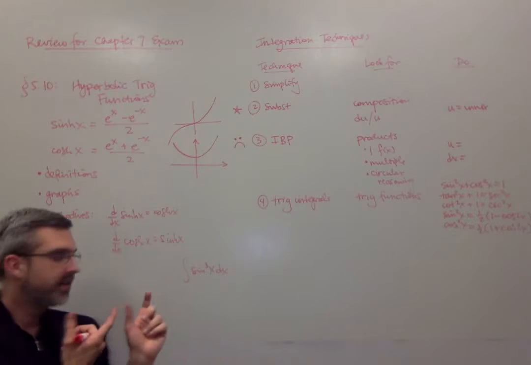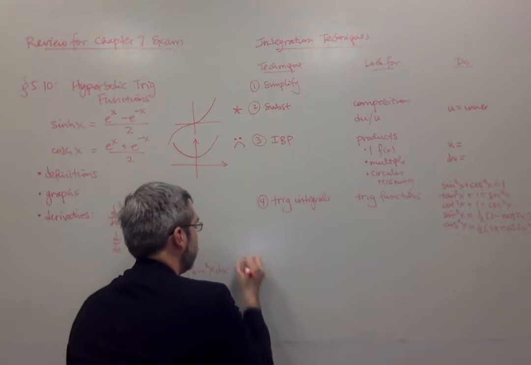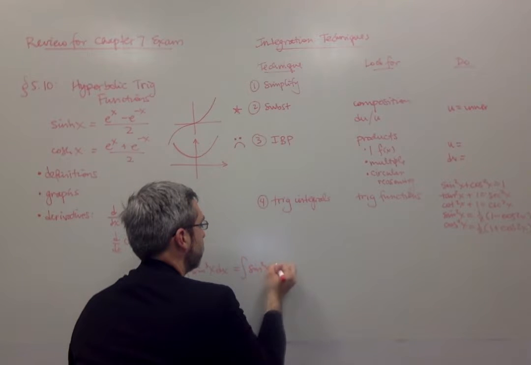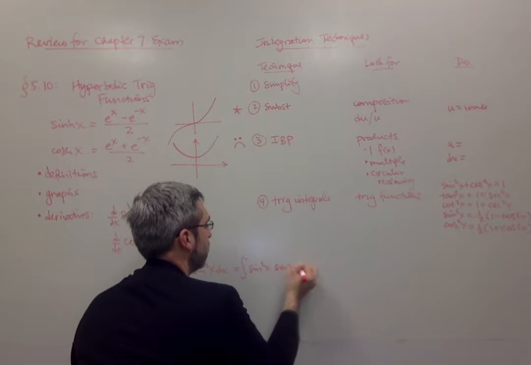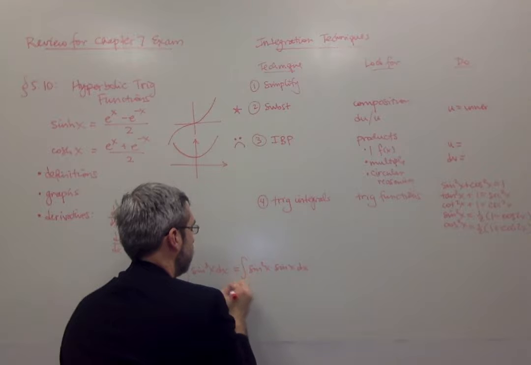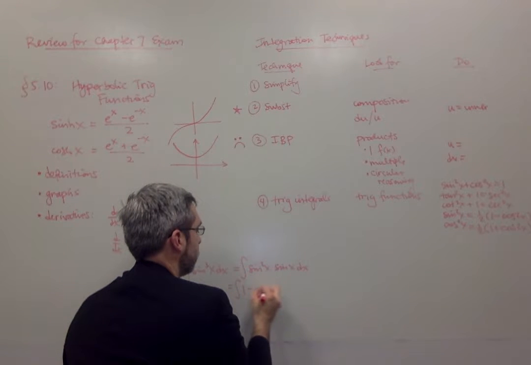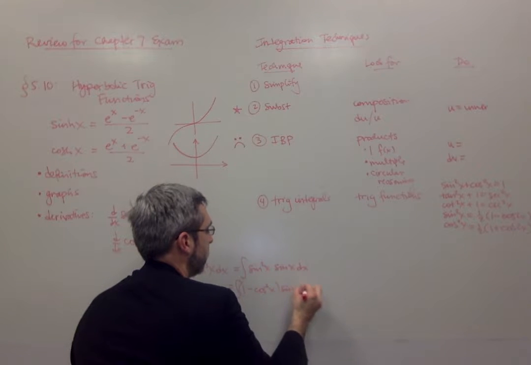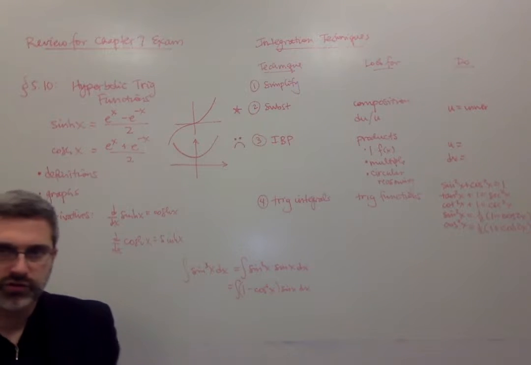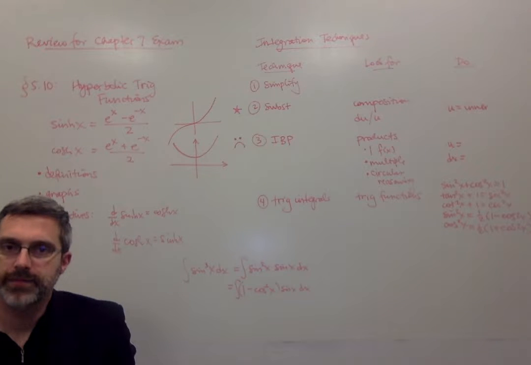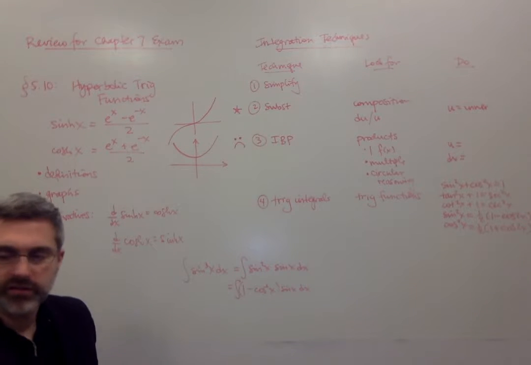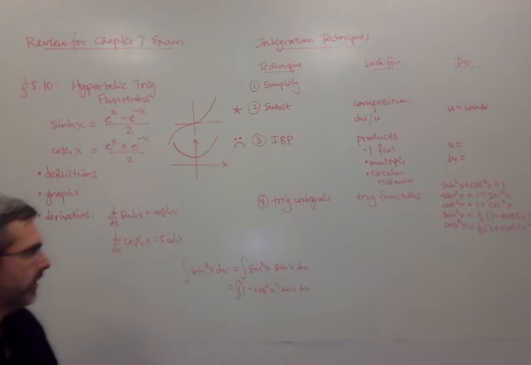So then I think to myself, is there a way to change those other two sines into cosines? And that's where that formula comes in. Sine squared is 1 minus cosine squared. And so now you would be at a place where you do a substitution. So that's the kind of thing that came up there.